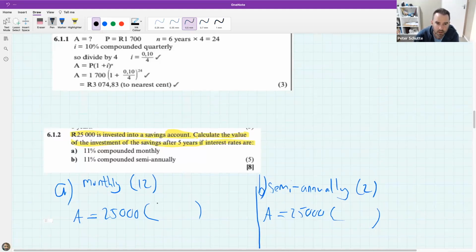Cool. So we have monthly, which would be divided by 12, and then this would need to be 5 times 12. Now, what are we going to end up with?